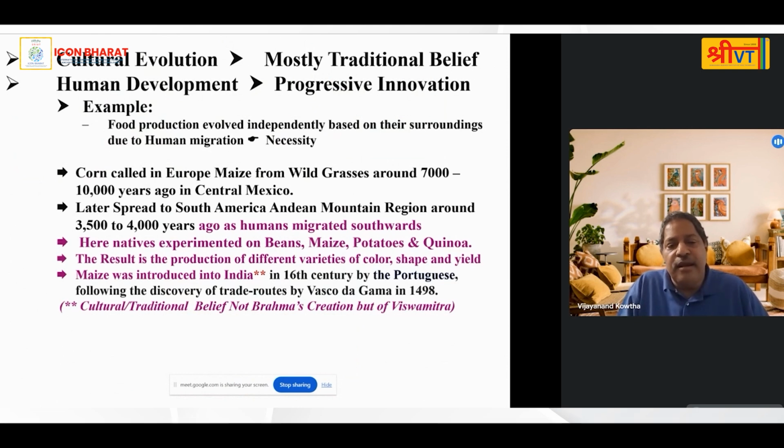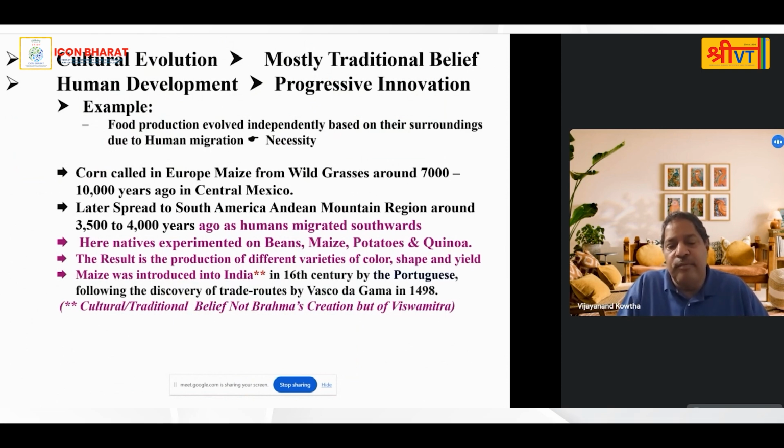Corn, on the other hand, is called a European maize from the wild grasses around 7,000 to 10,000 years ago. They claim it's from central Mexico, but it went to the South American Andean region around 4,000 years ago as humans migrated downwards.